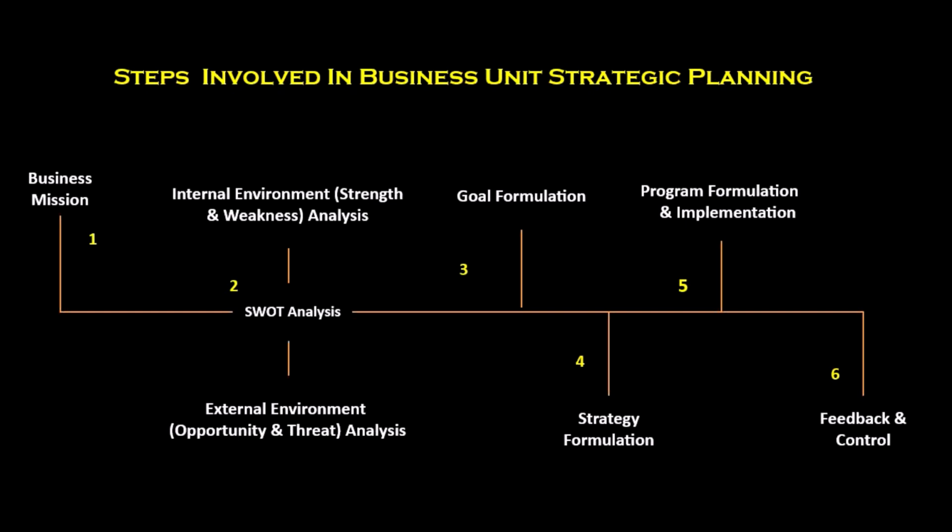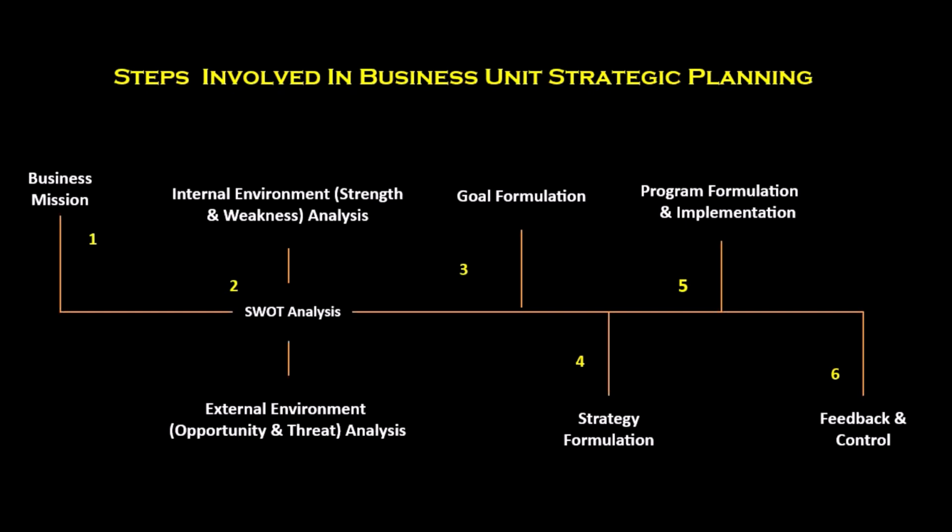Program formulation and implementation. At this stage, a business unit decides about different activities needed to apply the business unit's strategy in order to attain its goals. In program formulation, management of a business unit will decide about who will conduct what activity, how they will conduct it, when they will conduct it, and where they will conduct it.